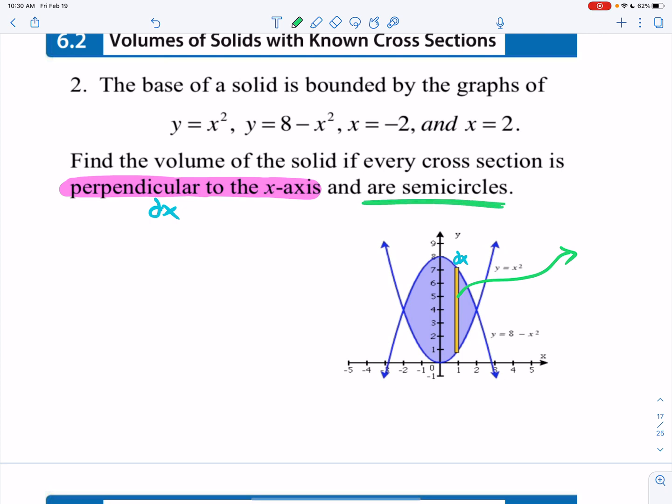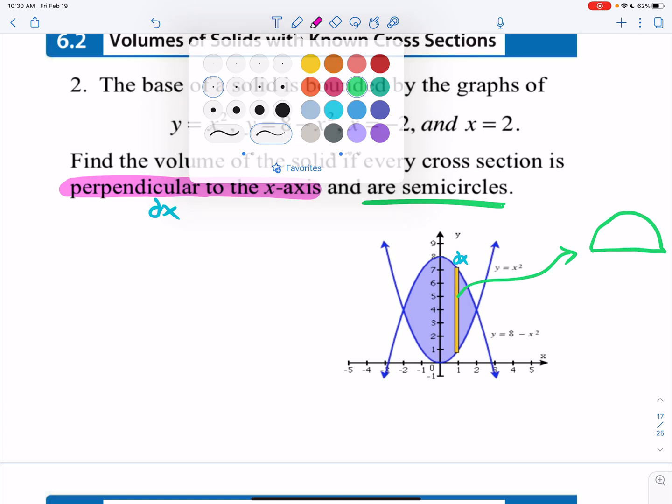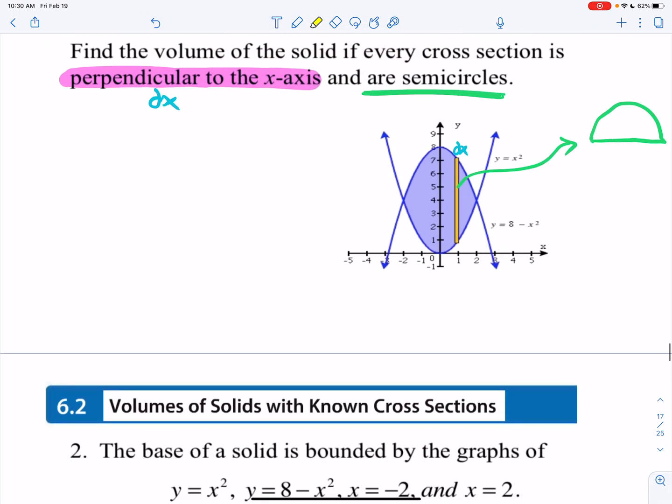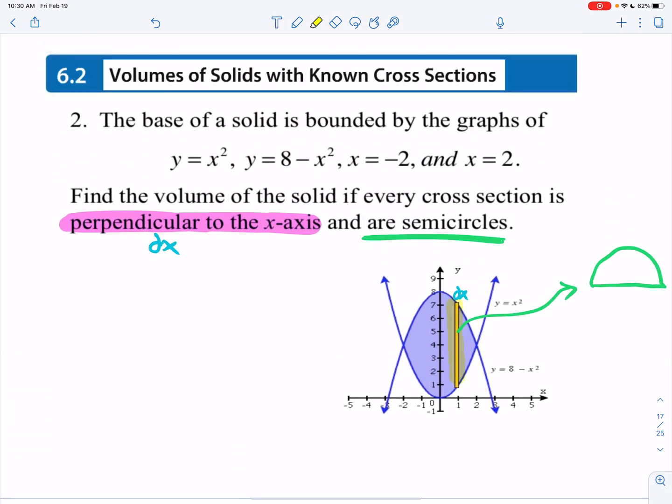So they stated that they were semicircles. Okay, so that means that the yellow here is really the bottom of that semicircle there. Okay, so here we go. V equals the integral of the area of a cross-section.